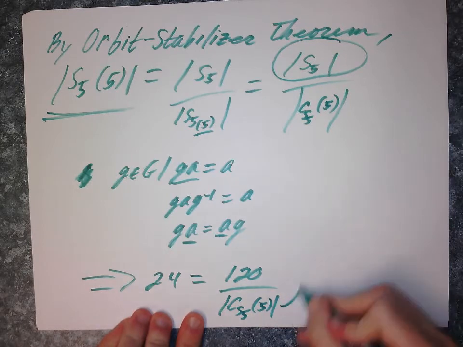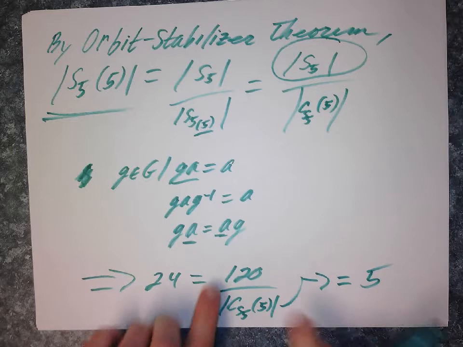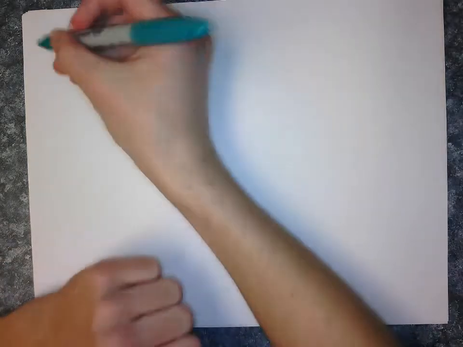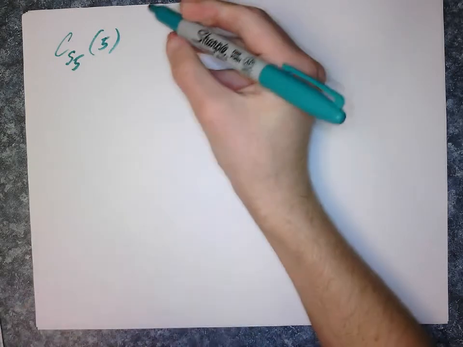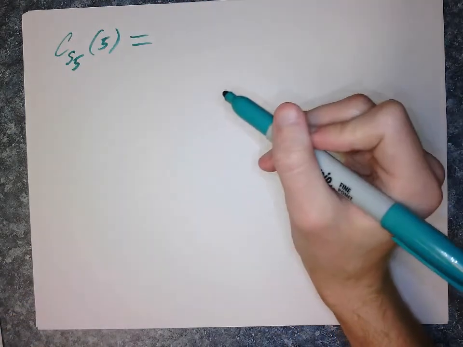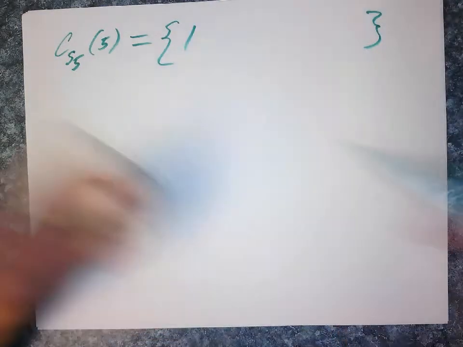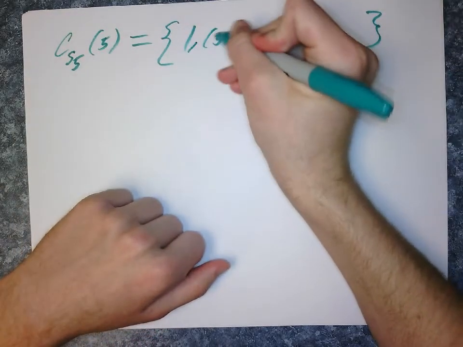That means this centralizer has to equal 5, because 120 divided by 5 is what gives you 24. So the centralizer of the 5 cycle in S5 has 5 elements, because the order is 5. Well, what are these 5 elements going to be? You know the identity has to be in there, because that will commute with everything. And you know a 5 cycle has to be in there.